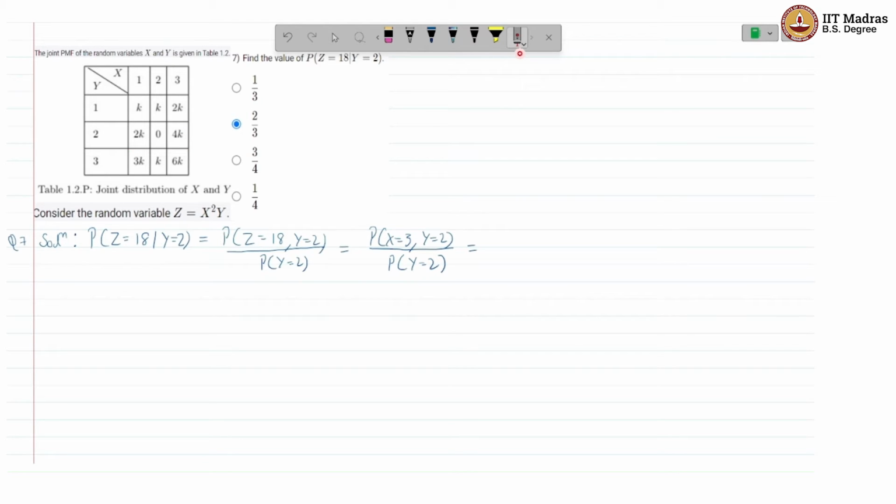This means that we'll sum probabilities of all possible xy pairs where x takes different values and y is equal to 2. From the table, joint probability that x is equal to 3, y is equal to 2 will be equal to 4k, and the marginal will be equal to 2k plus 0 plus 4k. So this will be equal to 4k by 6k. So the answer is 2 by 3.